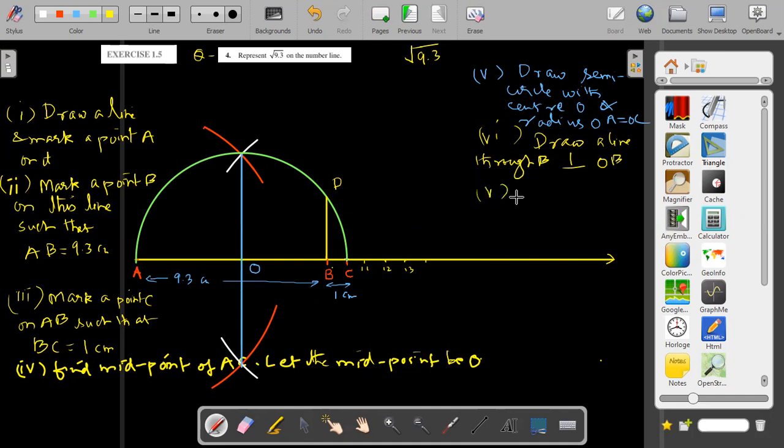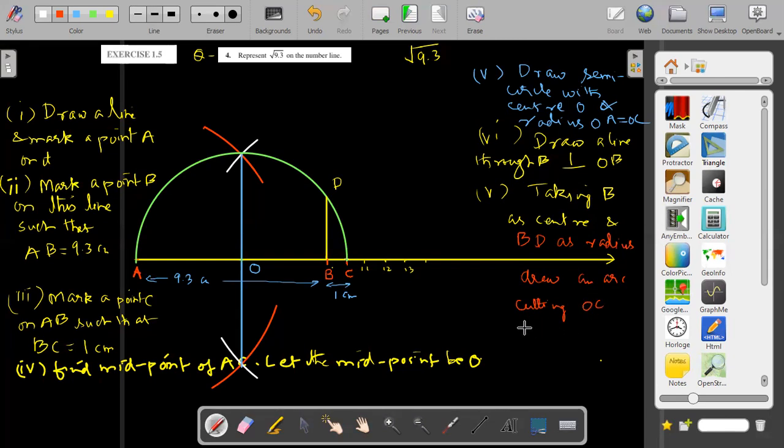Now take BD. Finally, taking B as center and BD as radius, draw an arc intersecting OC produced.